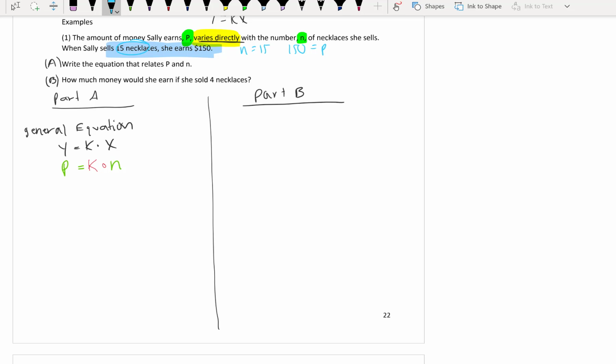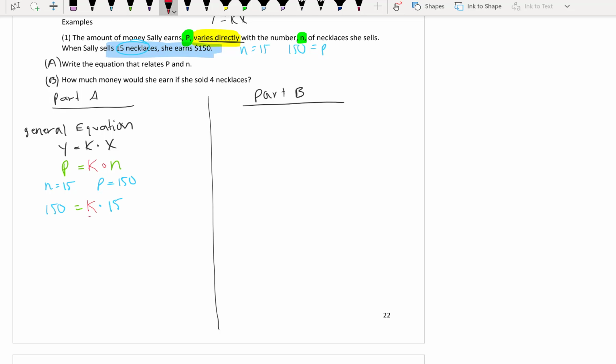Now you have that your N is equal to 15 and your P is equal to 150. So now you can plug these values in. For P, I have 150, and it's equal to my k value that you're trying to figure out, times your N value, which is 15.